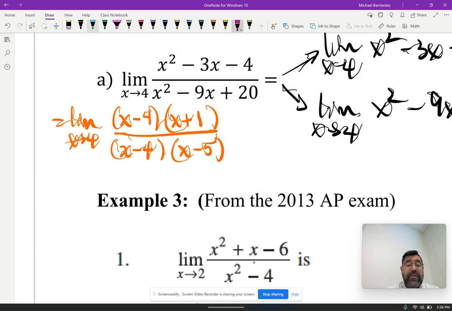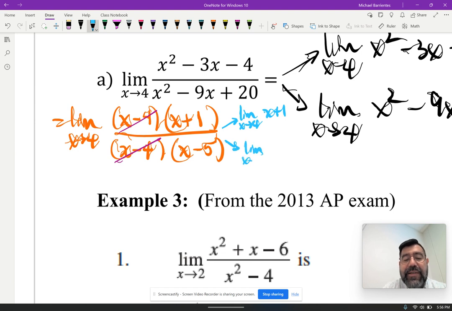And when we reduce that out, we can take the limit again to see if it exists. So once again, I'm going to break this up into the limit as x approaches 4 of x plus 1, and the limit as x approaches 4 of x minus 5.